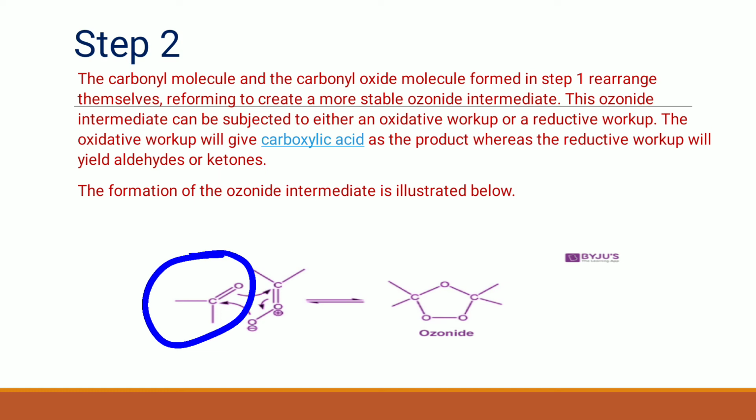It will undergo a rearrangement reaction here, and after rearrangement it will form the ozonide that we have seen in the previous example. That ozonide is formed in step number 2. The formation of the ozonide intermediate is demonstrated here.